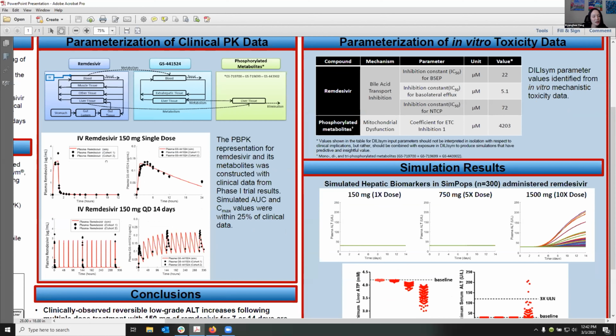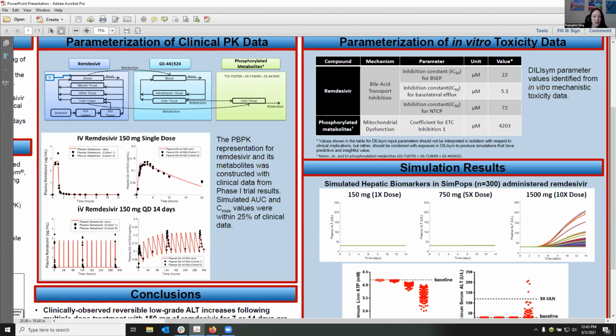The plot here shows the comparison of the simulated and clinically observed plasma concentration time profiles of remdesivir and the nucleoside analog, which is a metabolite of remdesivir. The clinical data from a single dose administration of remdesivir was used to optimize some of the PBPK model parameters, and the comparison is shown on the top panel. The clinical PK data after the multiple dosing protocol was employed to validate our model simulations.